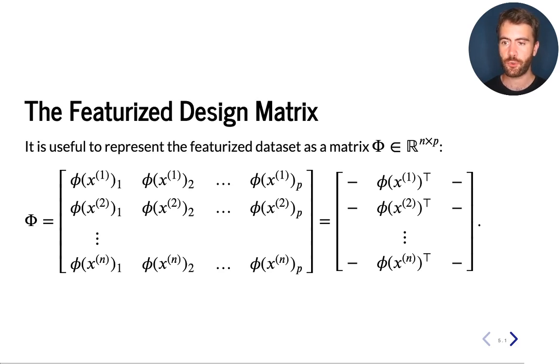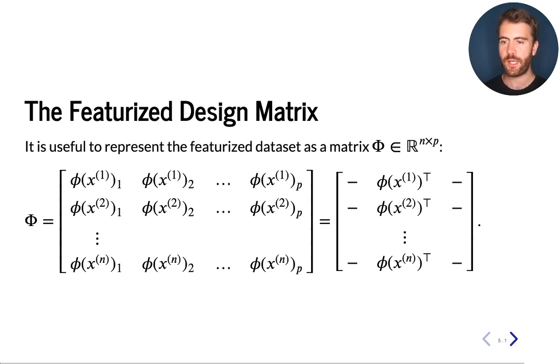And in order to make it more precise, I'm going to start by introducing a little bit of notation. I'm going to introduce this new matrix called phi, which is simply going to be our featurized design matrix. Recall that in one of our earlier videos, we defined the design matrix, which is simply a matrix in which we take all of our inputs x as being the rows of this matrix.